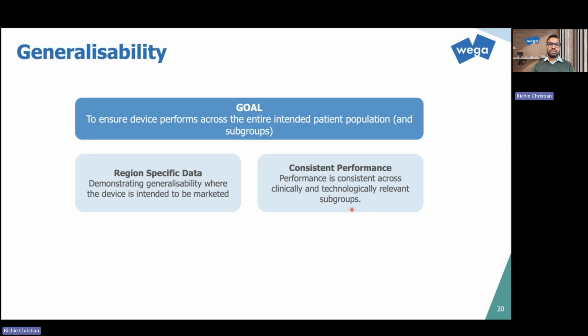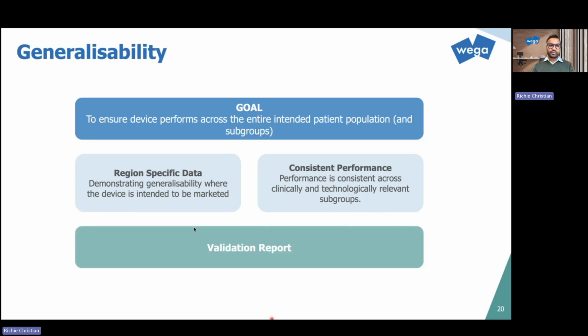So just any variables that are important clinically for your device, you need to show that your device performs equally well across all of those. And the FDA also cares about region-specific data, so making sure that generalizability to the US intended population is demonstrated. So that's also important from an FDA perspective.